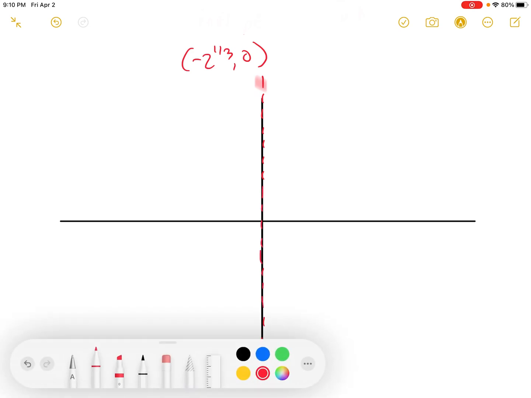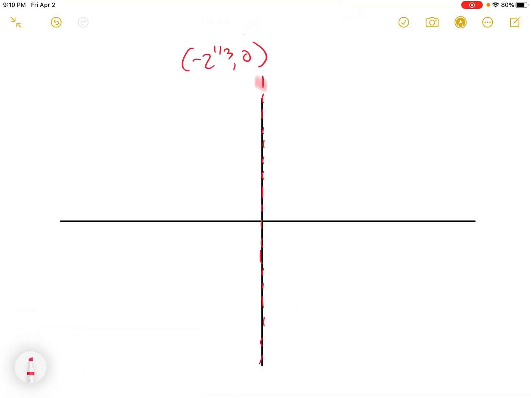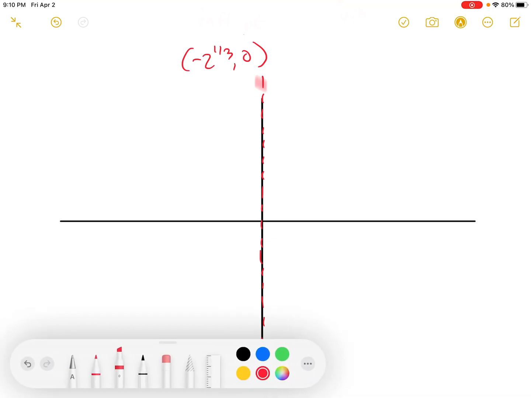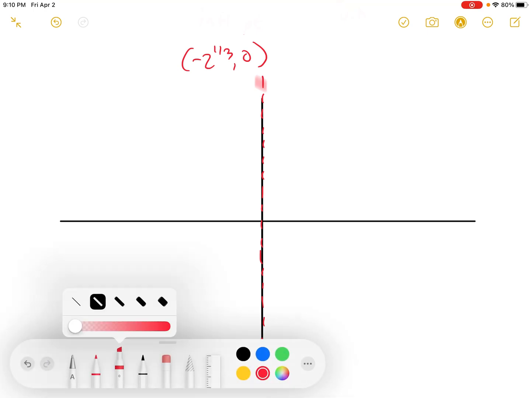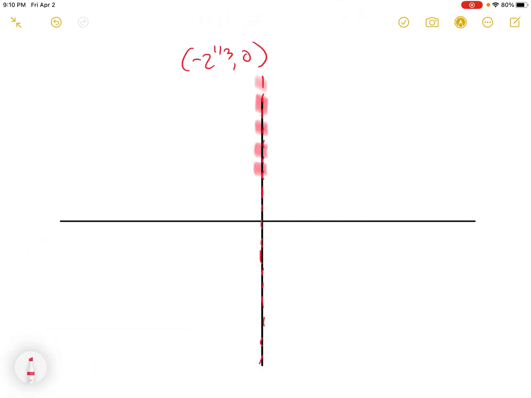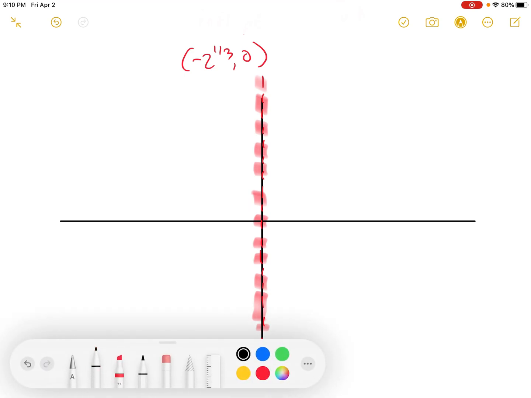I still want it to be darker. There's a vertical asymptote. Right pen. Took all the, there we go. Vertical asymptote there.